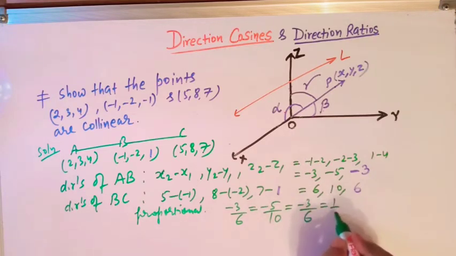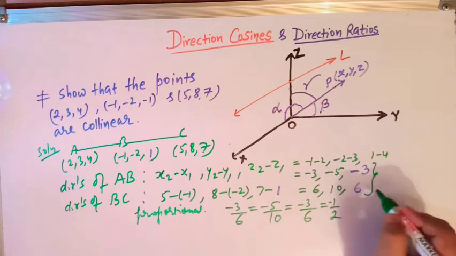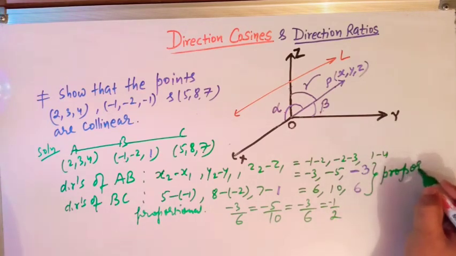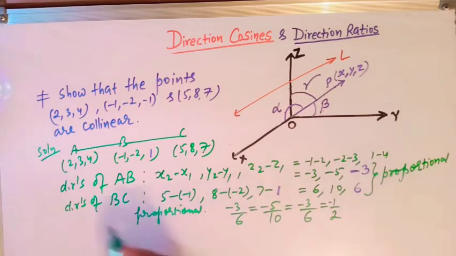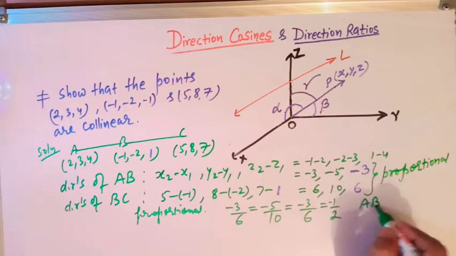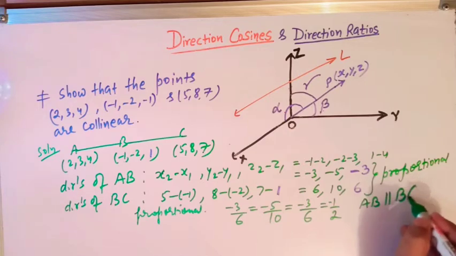They are all equal to minus half, right? So these two direction ratios are proportional, and hence we declare that AB is parallel to BC.